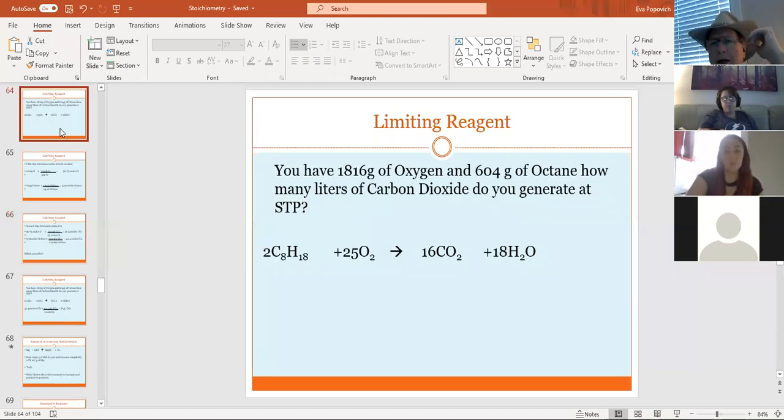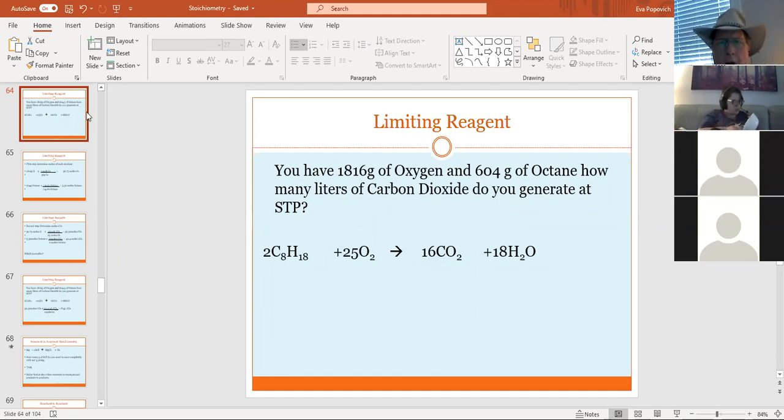Chase, look at the balanced chemical equation. We're dealing with the molar ratio, right? So the molar ratio between oxygen and CO2 is 16 over 25. For octane, it's 16 CO2 over 2 octane. Are you seeing that, Chase? Yeah. Anybody else?